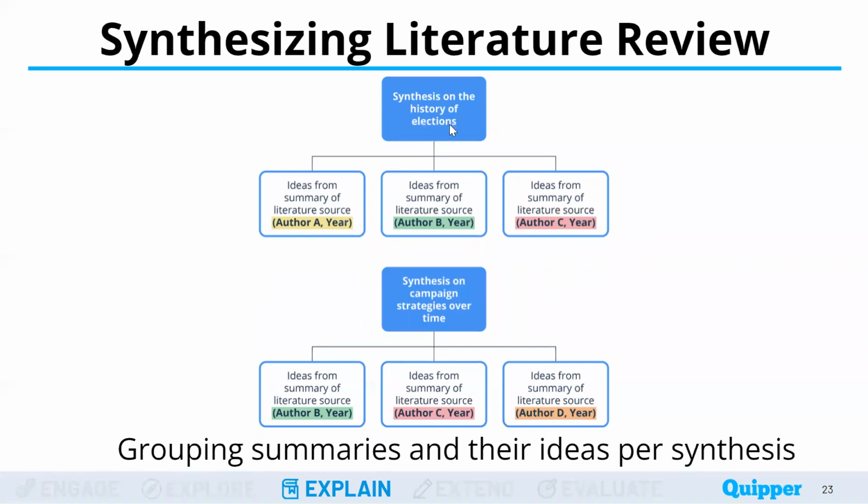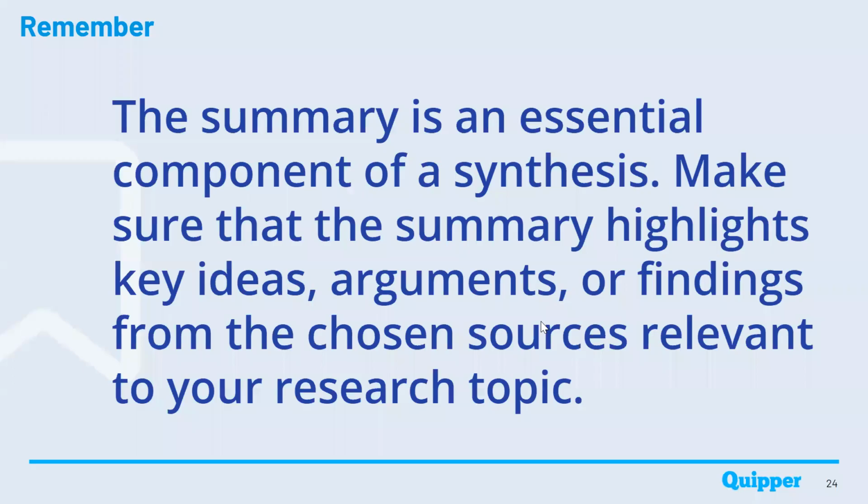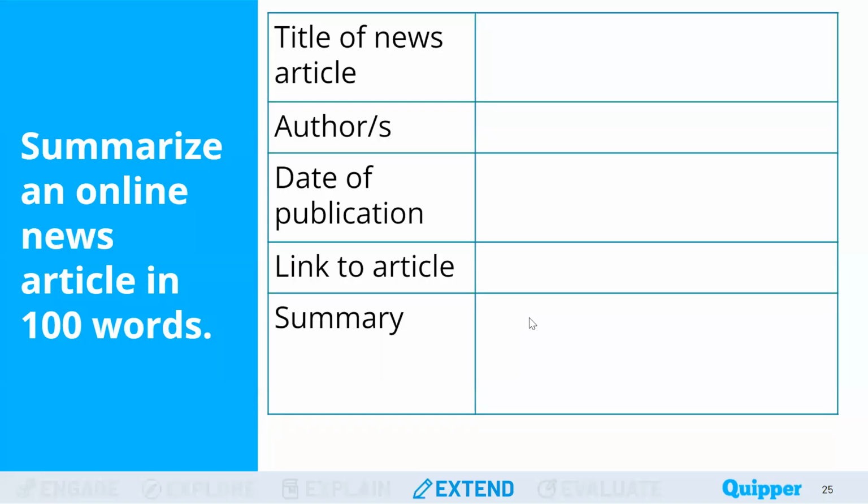For example, history of election, campaign strategy, and then yung population ng voting. Okay, the summary is an essential component of a synthesis. Make sure that the summary highlights key ideas, arguments, or findings from the chosen sources relevant to your research topic.